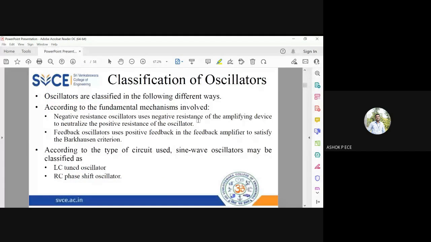Okay. And there are numerous other classifications of oscillators we have. Based on the mechanism, we have seen two mechanisms of generating oscillations. One is negative resistance oscillators. See, certain semiconductor devices have negative resistance characteristics.